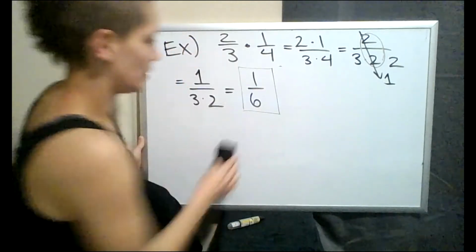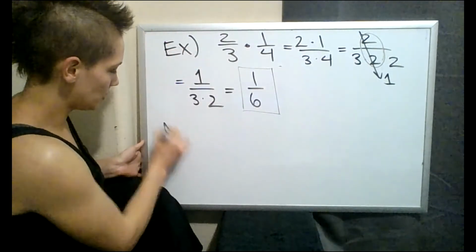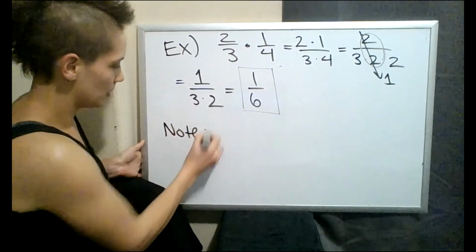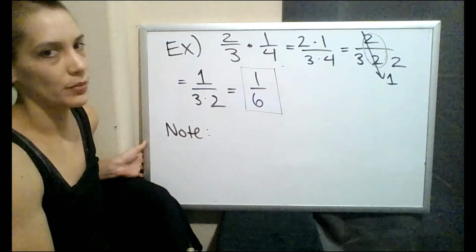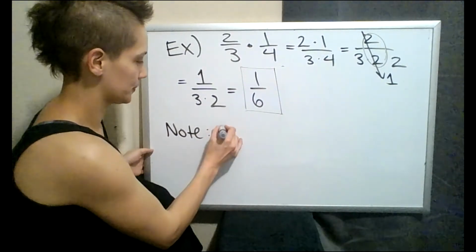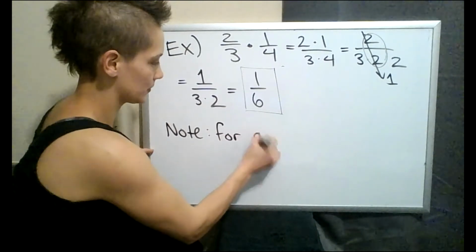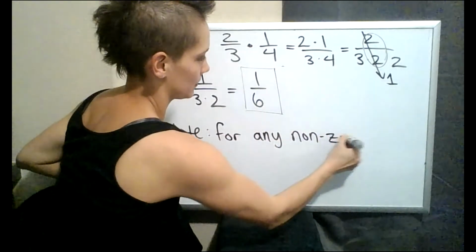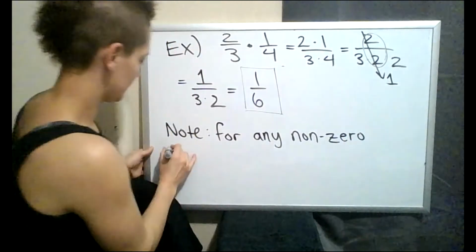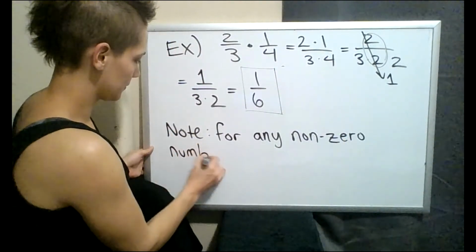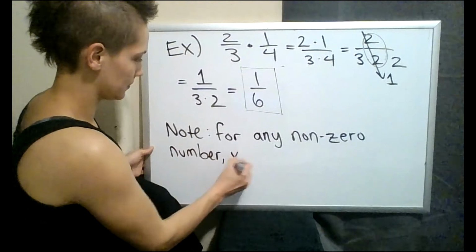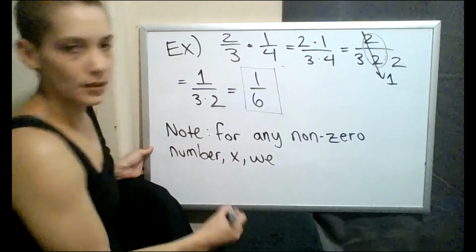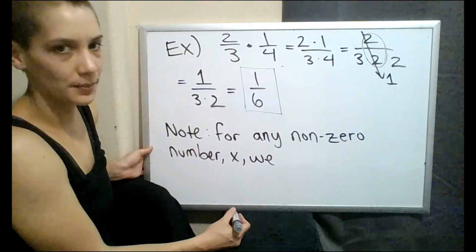We want to put something like note: for any non-zero number x, we have x over x equal to 1.